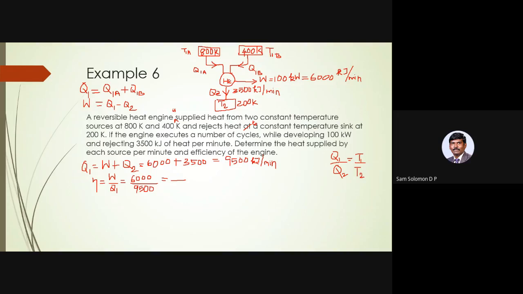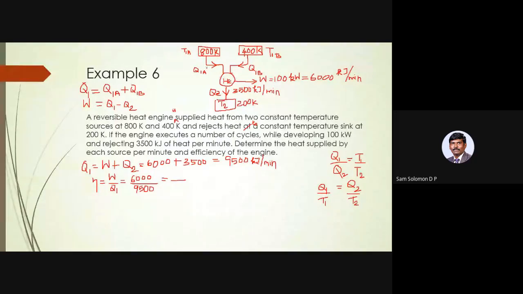Because I have this result, I can write it as Q1 by T1 equal to Q2 by T2. What do we mean by this? Heat supplied divided by the source temperature is equal to heat rejected divided by the sink temperature.